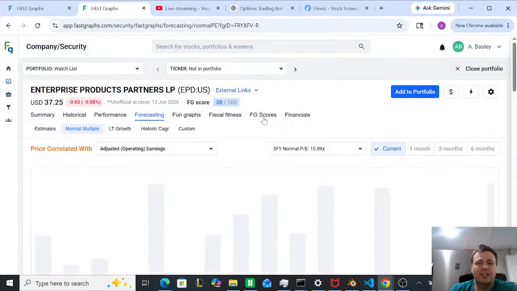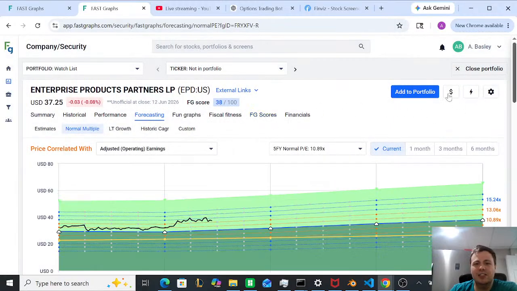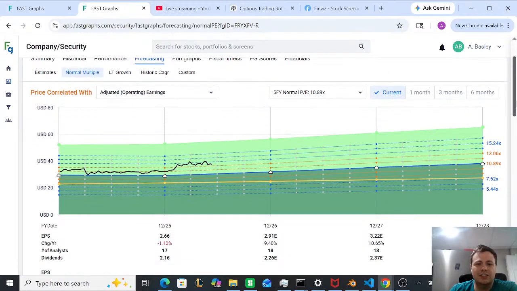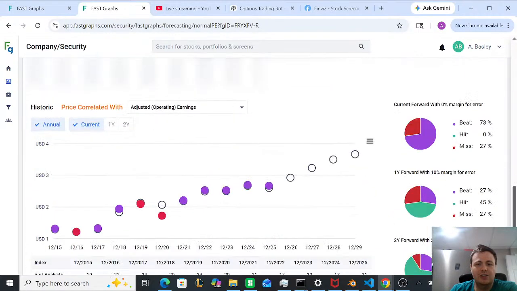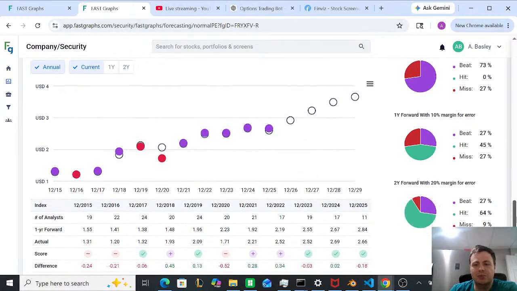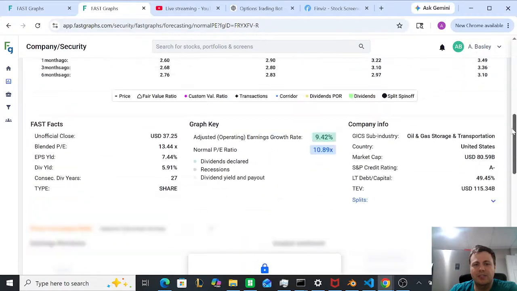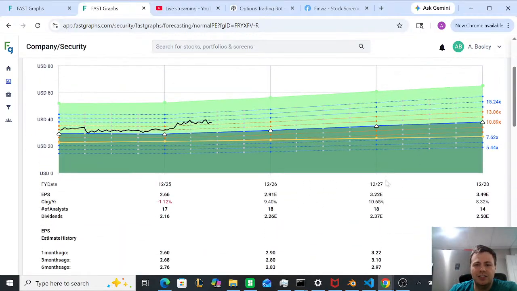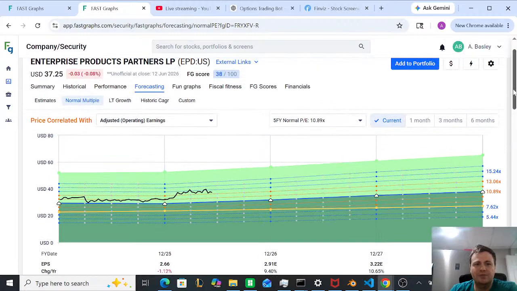So let's take a look at EPD, the one we first looked at. If we go back to forecasting and go down, we can see that the analysts are really good at predicting EPD as well. So we can pretty much take these analyst estimates to the bank for what we're going to trade at.